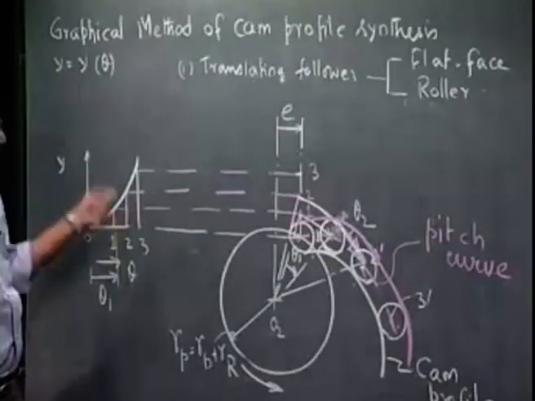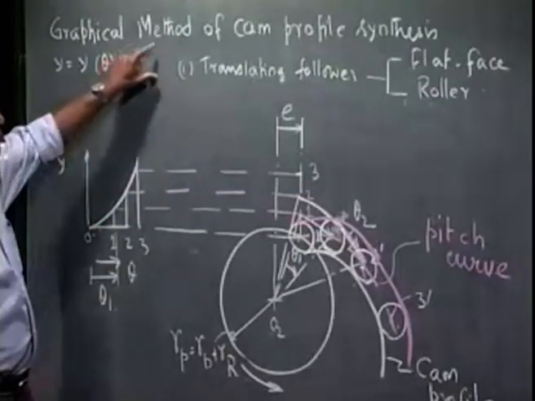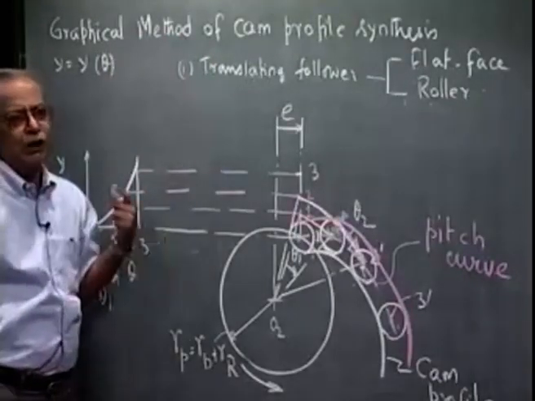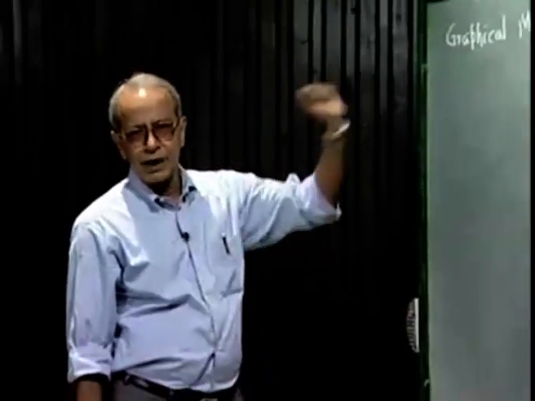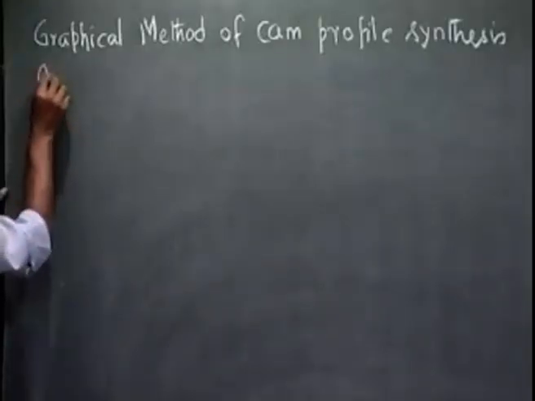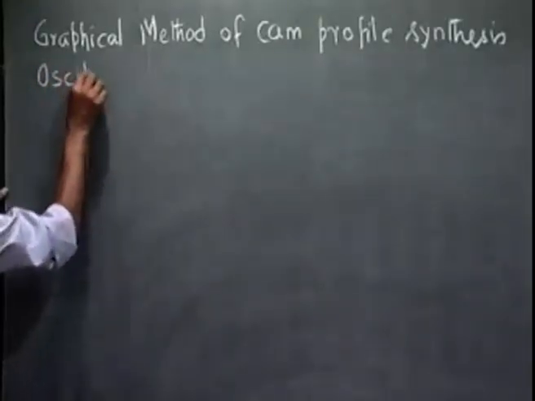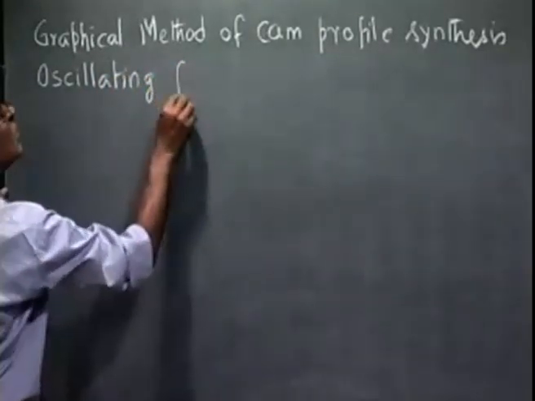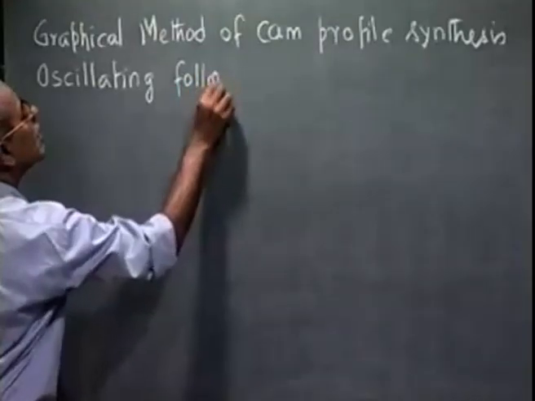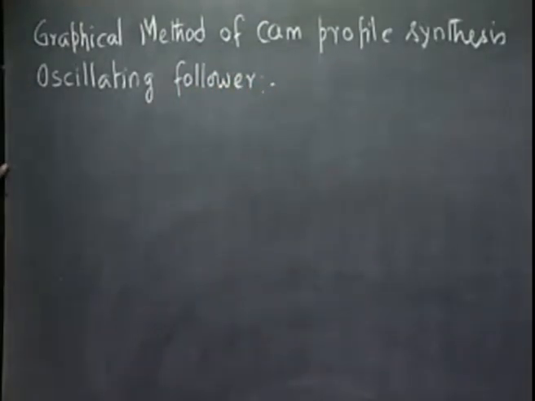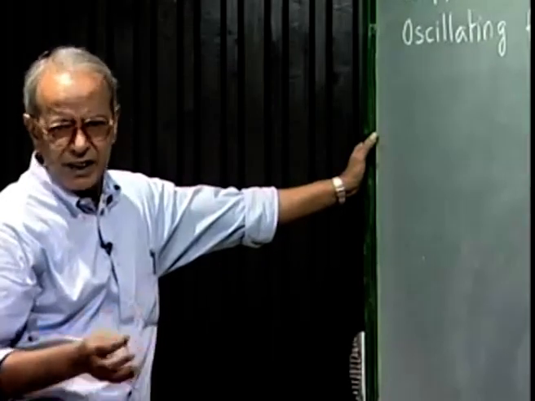Next we will show how to use the same principle to obtain the cam profile for an oscillating follower, either roller or flat face. Let me now explain the graphical method of cam profile synthesis with reference to an oscillating follower. Here again we shall discuss both roller follower and flat face follower.